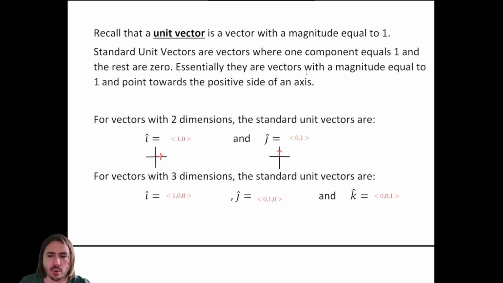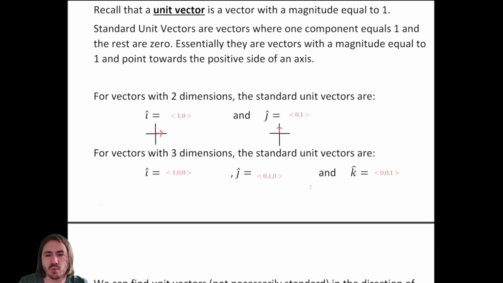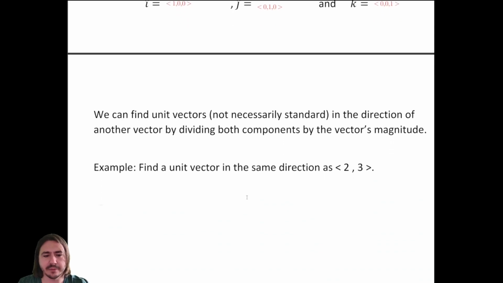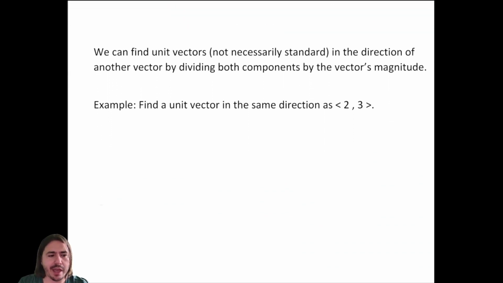Now these are not the only unit vectors. These are called the standard unit vectors. So let's say we wanted to find a unit vector that is in the same direction as another vector. For example, let's say we have the vector (2, 3). To sketch that out, here's 1, 2, and 1, 2, 3. Here's where the terminal point should go, and then the vector looks like this.